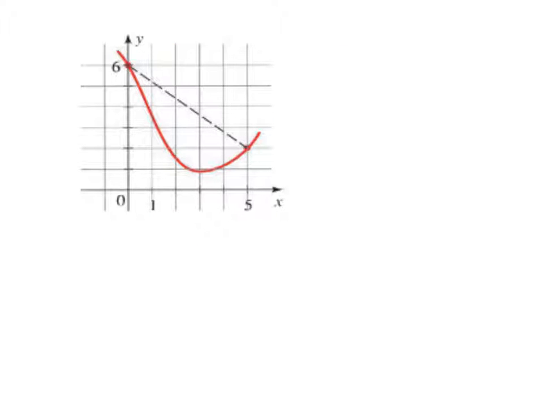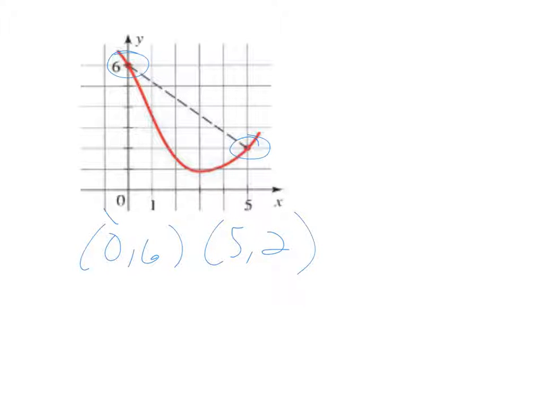Now suppose we want to find the average rate of change of this function between the 2 points that are plotted, and a dotted line has been drawn to show that we're trying to find the average rate of change between the point (0, 6) here at the top and the point (5, 2).